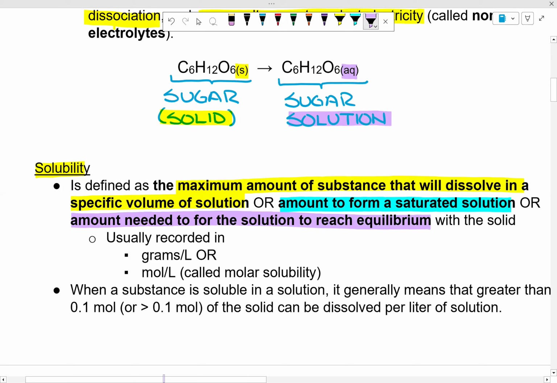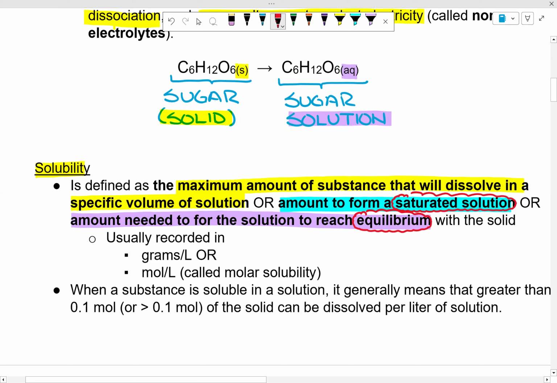The key thing to be aware of is that the words saturated solution and equilibrium mean the same thing. If I said a solution has reached equilibrium or a solution is saturated, that is basically the same thing.